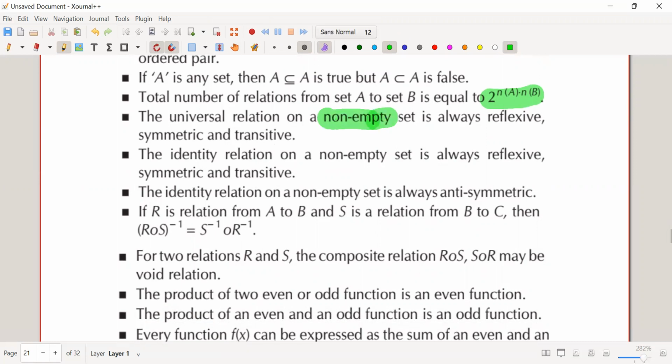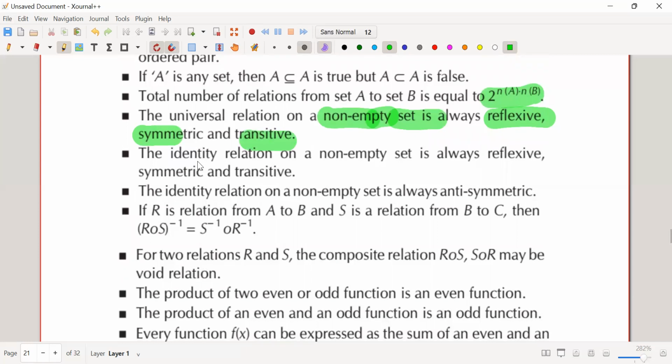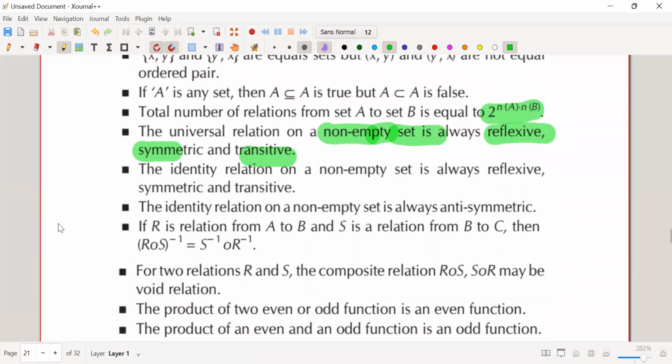Universal relation, not the universal set. Universal set of A is a universal relation.